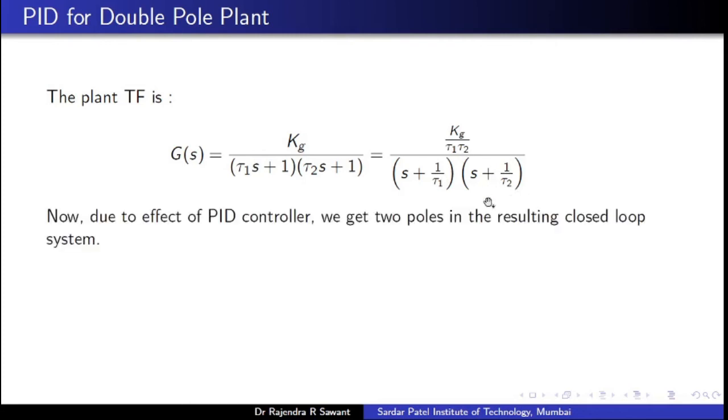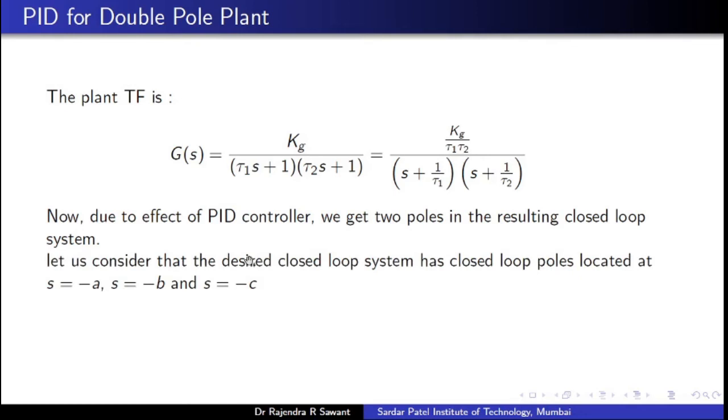Now, due to the effect of the PID controller, we get an additional pole in the resulting closed loop system. Let us consider that the desired closed loop system has closed loop poles located at s equals minus A, s equals minus B, and s equals minus C. We know that by applying a PID controller to the original plant we get an additional pole in the closed loop transfer function.